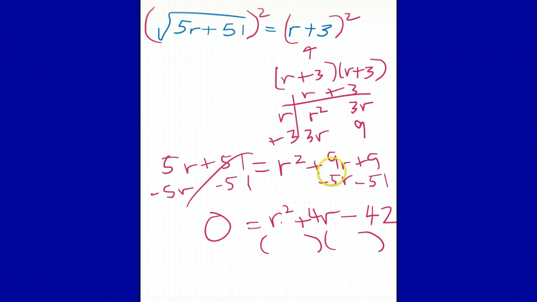I just goofed up right here. This should be a 6. That's what happens when I'm doing math on a Sunday. And so that would make this 1. So factors of negative 42, now they're only off by 1, which are the 6 and the 7. Gives us 0. So we got r equal to negative 7 and r equal to 6.